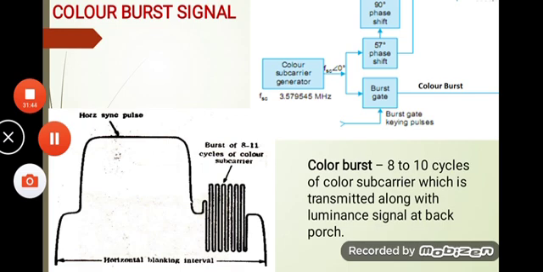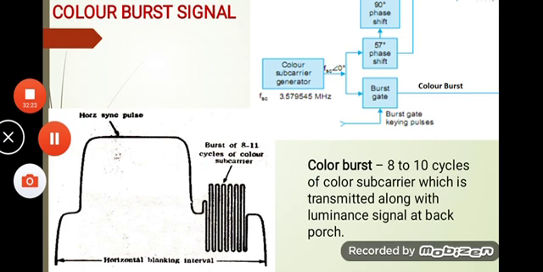As I told you earlier, in the case of NTSC as well as PAL, we are not transmitting the color subcarrier; rather we are suppressing the color subcarrier frequency in order to save power. The color subcarrier frequency is suppressed, but in order to reproduce the original frequency, which is 3.58 in the case of NTSC and 4.43 in the case of PAL, we have to generate the same frequency at the receiving side that was generated at the transmitter side, and not only the same frequency but the same phase.